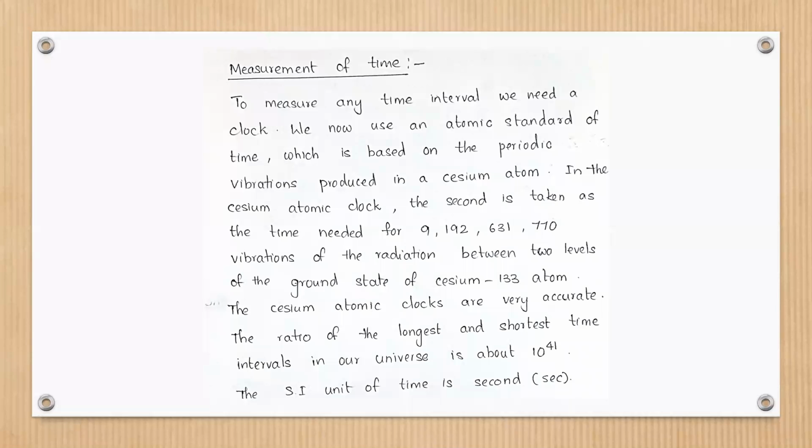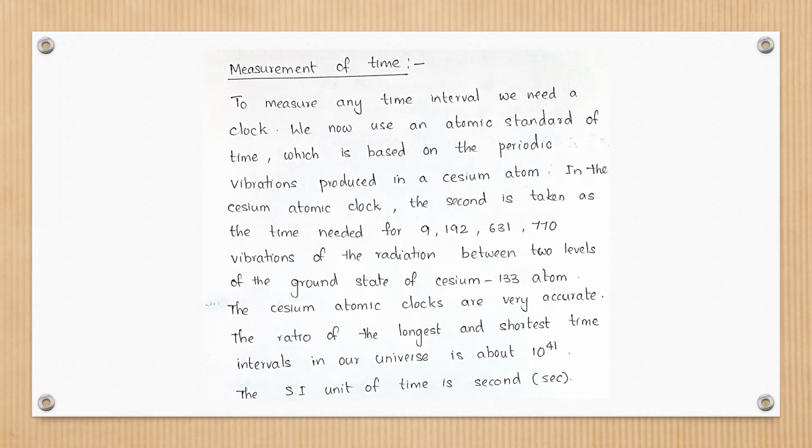To measure any time interval, we need a clock. We always look at the clock to measure any time. Most of the times, we keep a clock or a wristwatch and look at it to know the time.